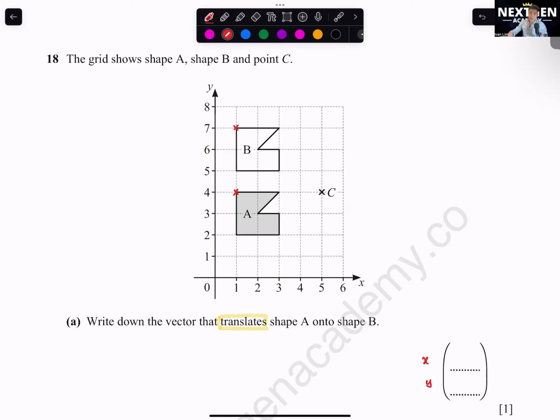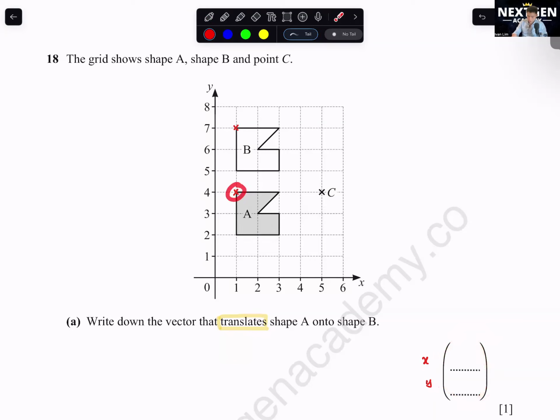You have to understand x. If it's going to the right, then it's positive. If it's going to the left, then it's negative. If it's going up, it's positive. If it's going down, then it's negative. So what is the vector over here? This forms a bracket x, y. This is called a vector.